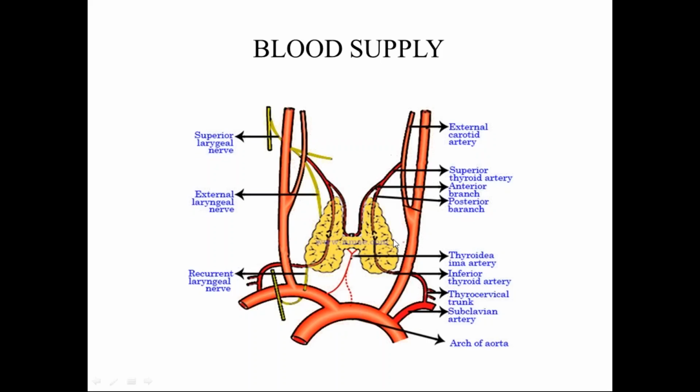Superior thyroid artery is a branch of external carotid artery, and inferior thyroid artery is a branch of thyrocervical trunk. So this is superior thyroid artery, this is the inferior thyroid artery, and this is arteria thyroidea ima.